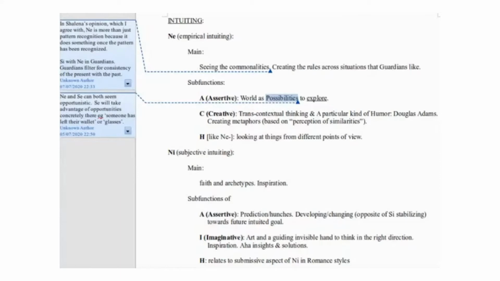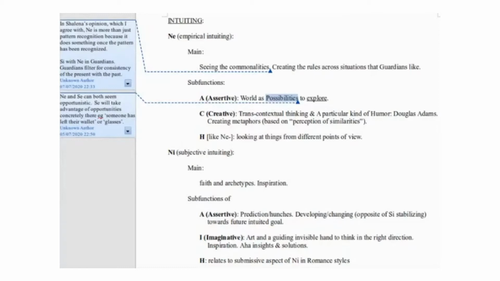Subfunctions. So yeah, world as possibilities. See, I don't relate to that massively. The idea of travel is very exciting, it's very enticing, but the actual act of doing it, or even planning it, eludes me more often than not. So yeah, maybe assertive NE is something not too used in INTPs, that kind of thing.